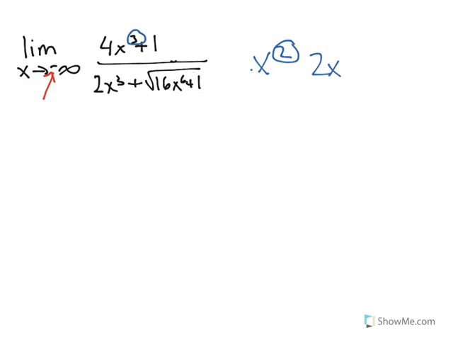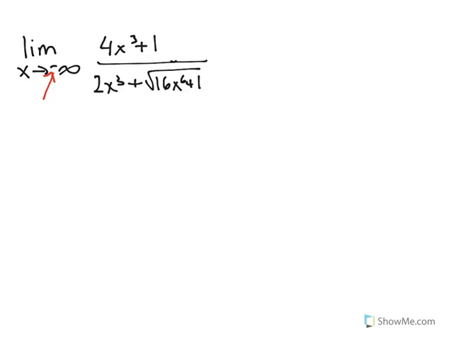The 3 is the degree of the x cubed term, the 2 is the degree of the x squared term, and 1 is the degree of the x term, and so on. If we have a degree less than our highest degree, which is x cubed, we can just discard that. So we can get rid of this plus 1.